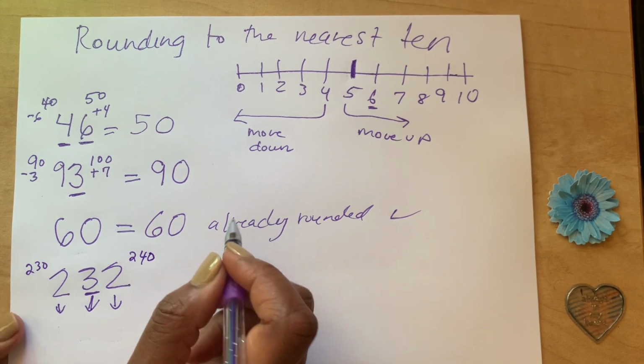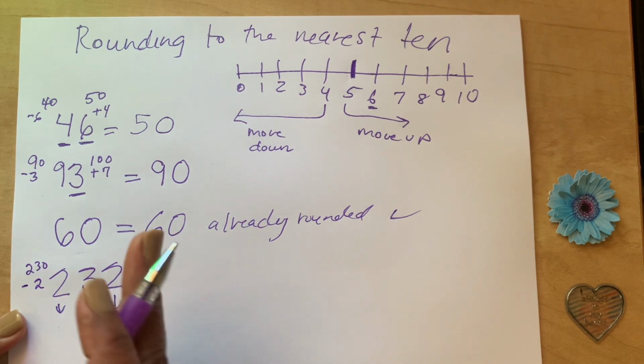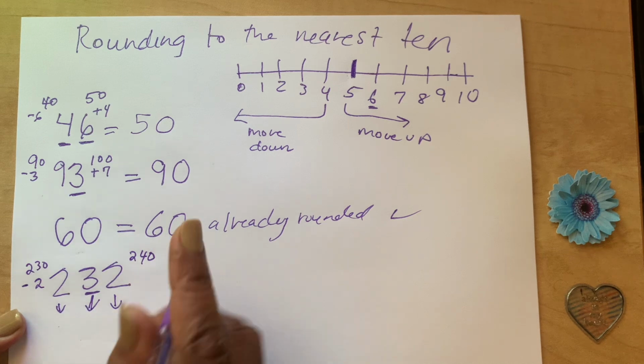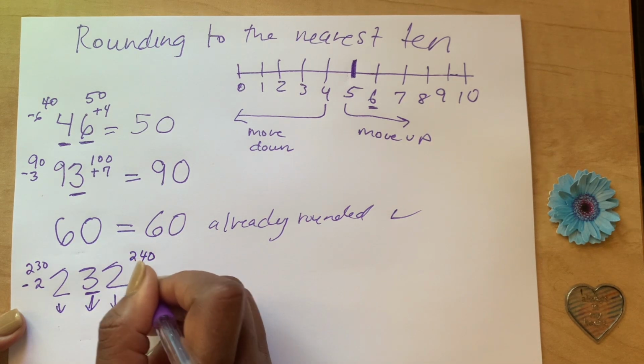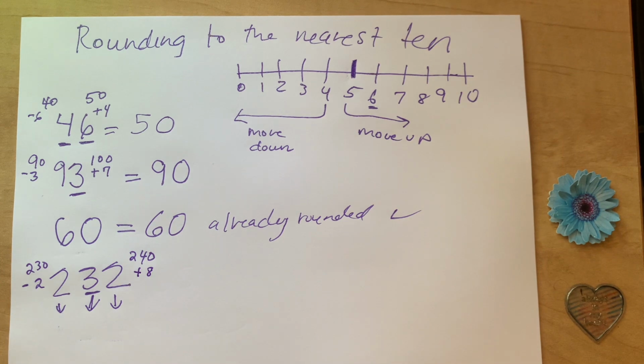Now I already know if I go to 230, I'm only moving 2 spaces to the left. But if I want to go to 240, I would have to move 8 spaces to the right. But remember, the ones place value, even in a larger number, we still look at the ones place value.